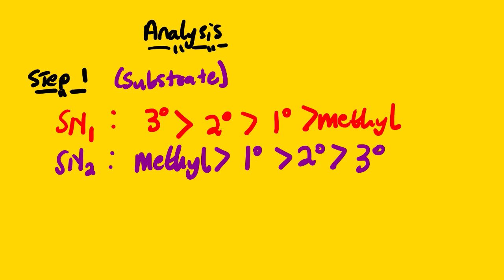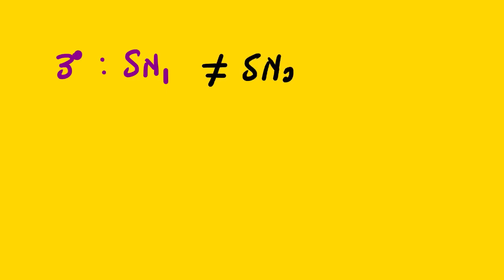Under step number 1, if your substrate is a tertiary alkyl halide, you should know that you are definitely going to have an SN1 nucleophilic substitution reaction, and we are 100% sure that it will not undergo SN2. So you should rule out SN2, and SN1 will be favored.